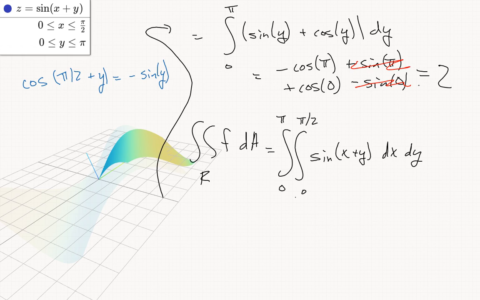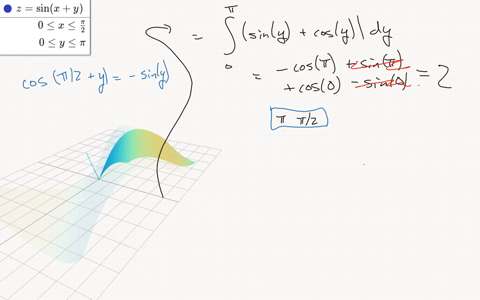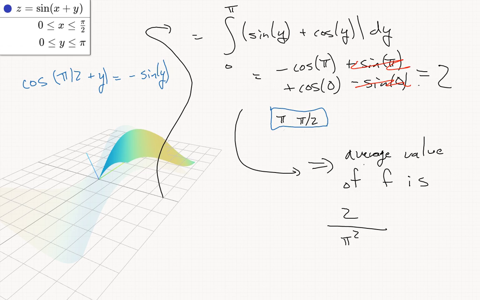And then the area of the region will be pi times pi over 2, or pi squared over 2, so the average value of f on this region is 2 over pi squared over 2, which equals 4 over pi squared.